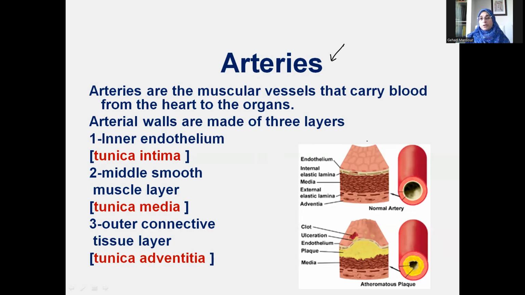So let's review again the section in the wall of the artery, which we did previously in a lab.